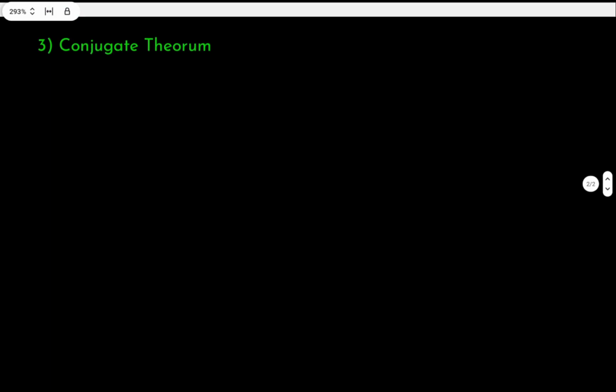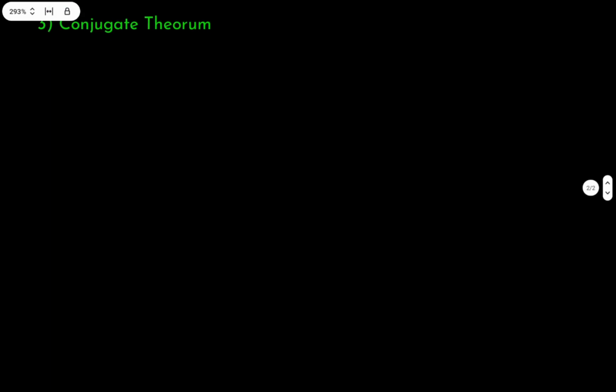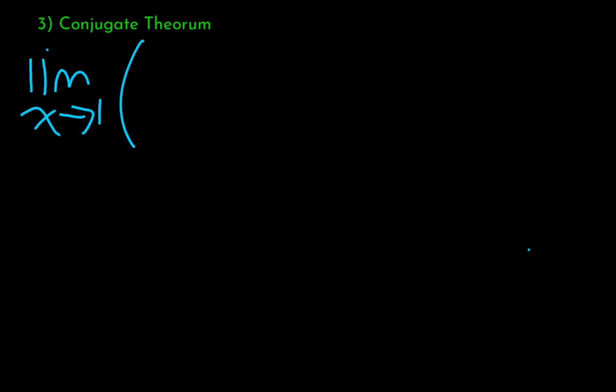So, an example of this is going to be the conjugate theorem. We're going to have nasty limits that look like this. Limit as x goes to 1 of x minus 1 over root x minus 1.